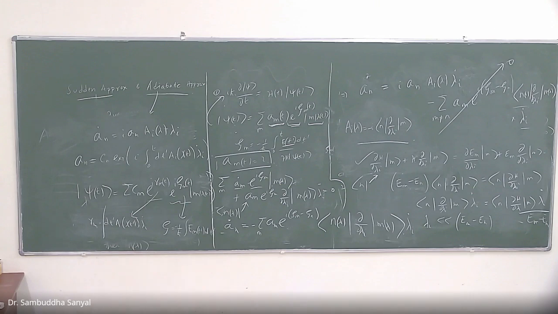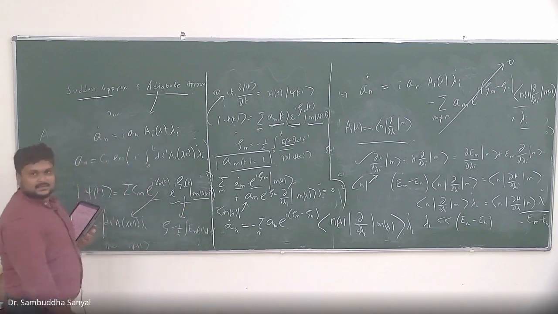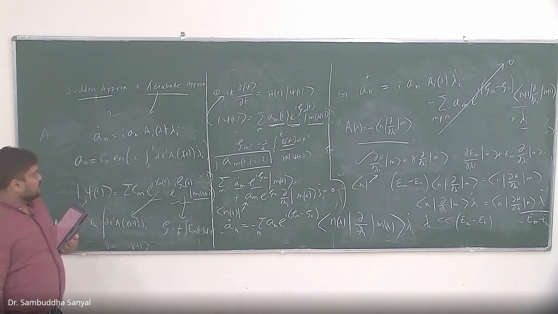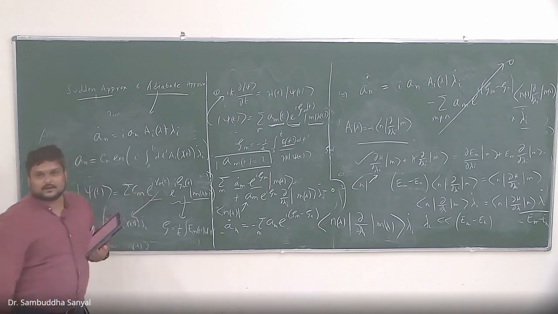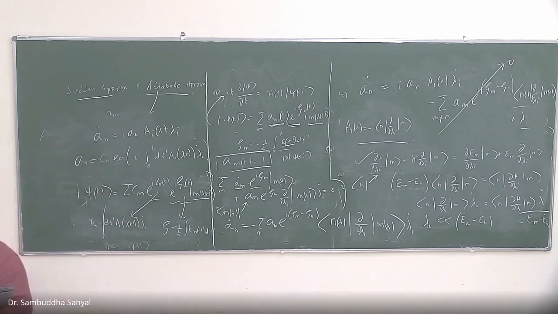My solution of this problem is still an eigenket of that instant of h lambda, but with an additional phase factor, which is dependent on how you arrived at that lambda. So that, first of all, proves the adiabatic theorem.